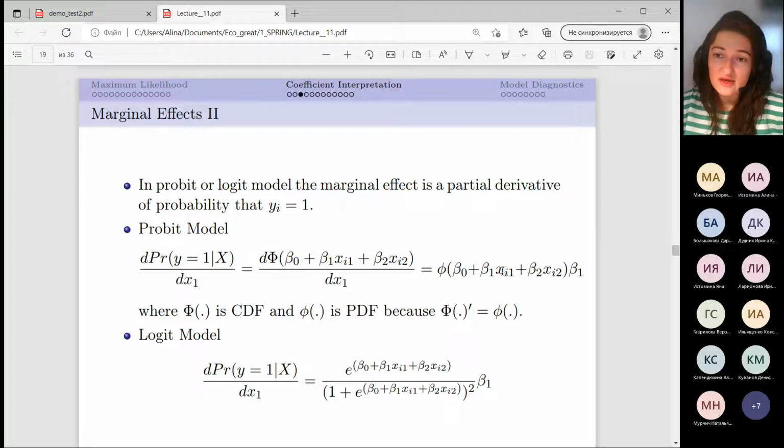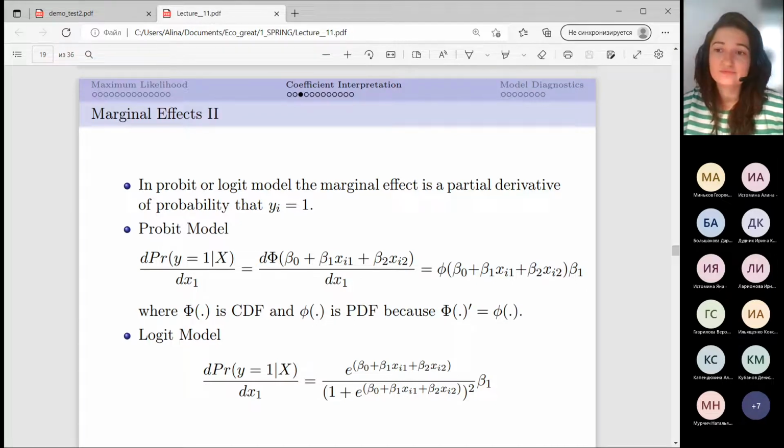You can notice that the marginal effect, in both cases, in the probit and in the logit model, depends on the slope of the probit or logit model, but also depends on the values of x's, because in both cases, all the variables and all the outcomes of these variables take part in the estimation of marginal effects.